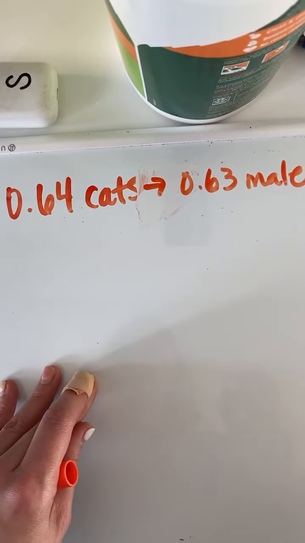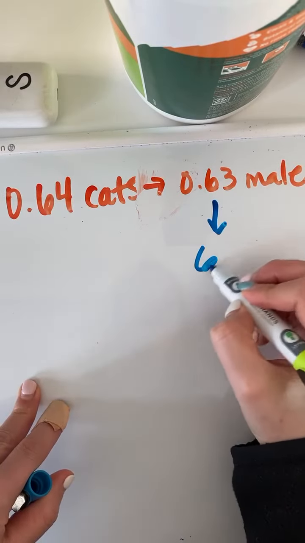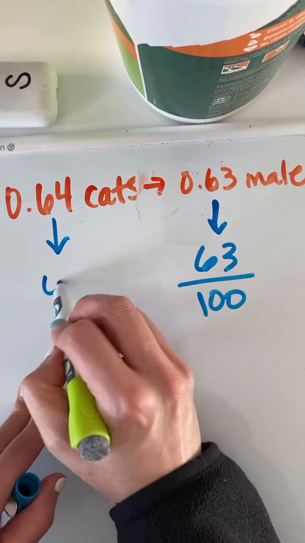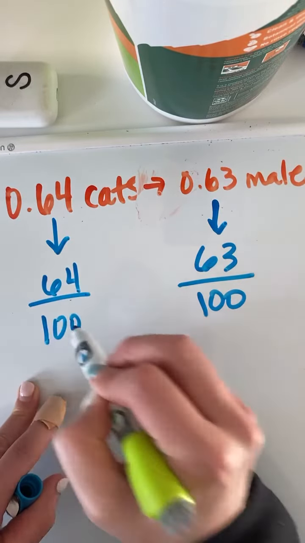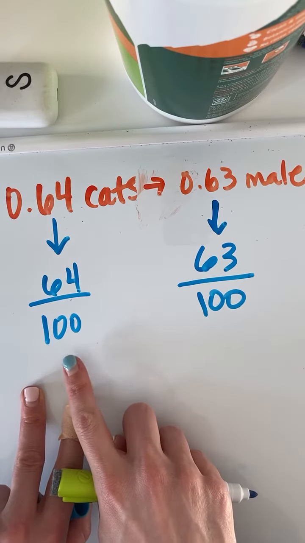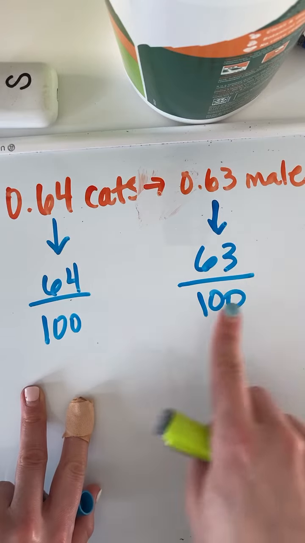Well, guys, decimals are just another way to write fractions because essentially this right here is the same as saying 63/100ths, and this right here is the same thing as saying 64/100ths. So what I'm saying is, of the 64/100ths, 63 of those hundredths are males.